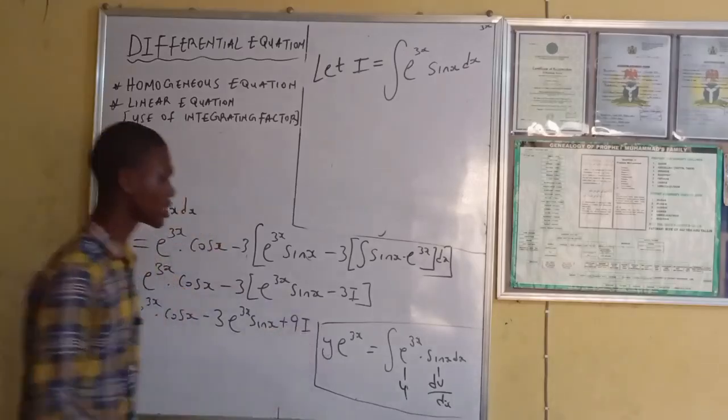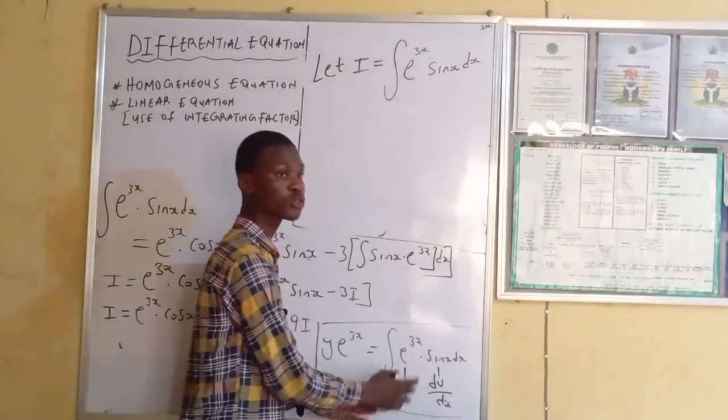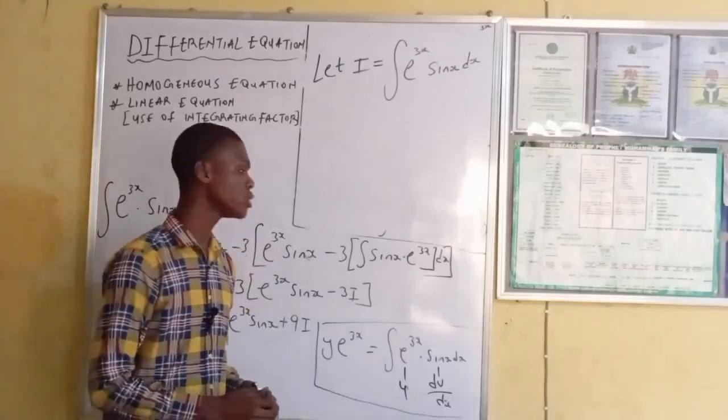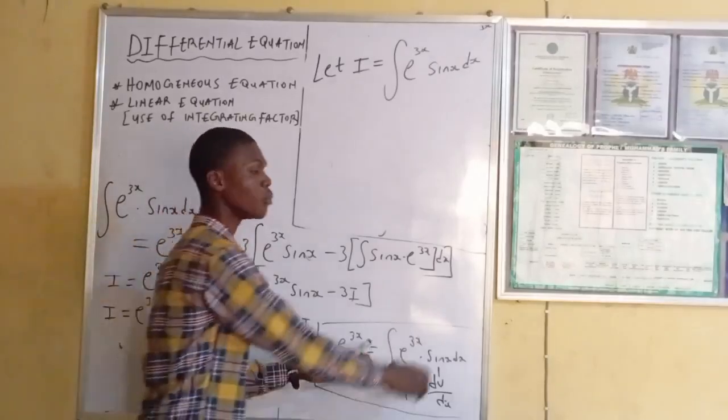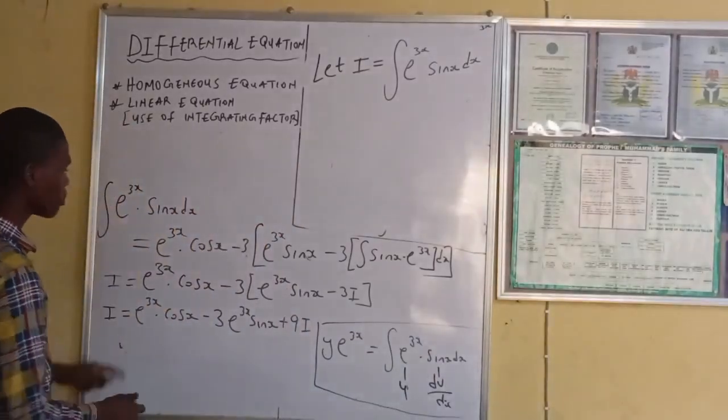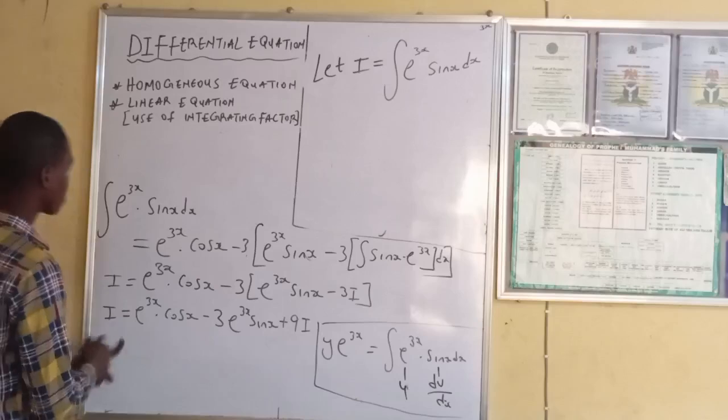So what you are saying is that the right hand side, the integration that you are integrating, you represented it as what? I. Anything you get for I, that's what you are bringing here. That's the meaning. Okay? From here, collect like terms, right?